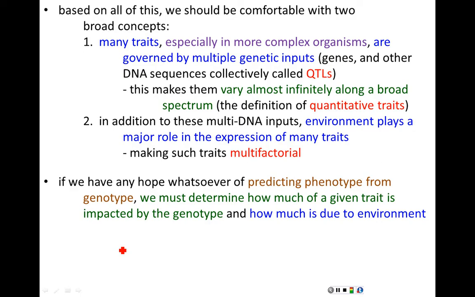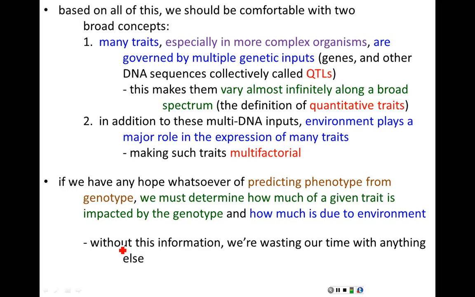If we don't know the proportion of the trait that's controlled by genetics versus the portion controlled by environment, we can never hope to predict phenotype from genotype. Without the information of the environmental impact on a trait, we're wasting our time as geneticists.